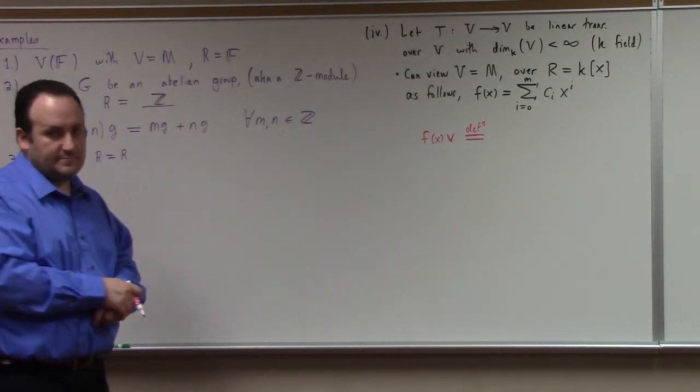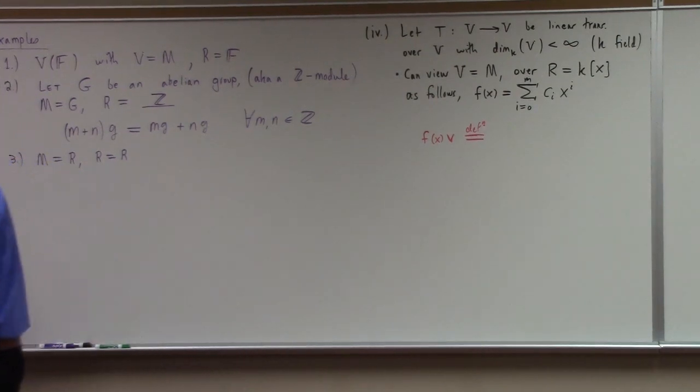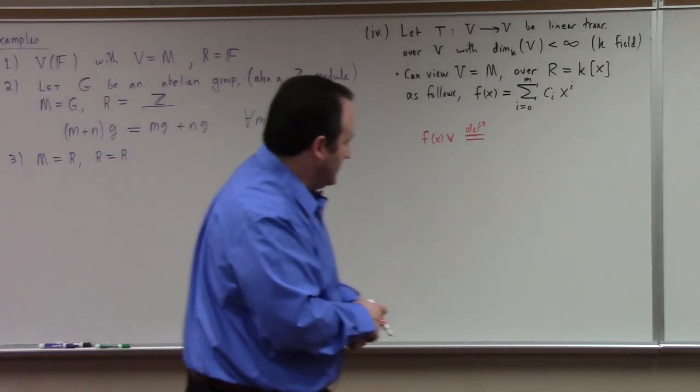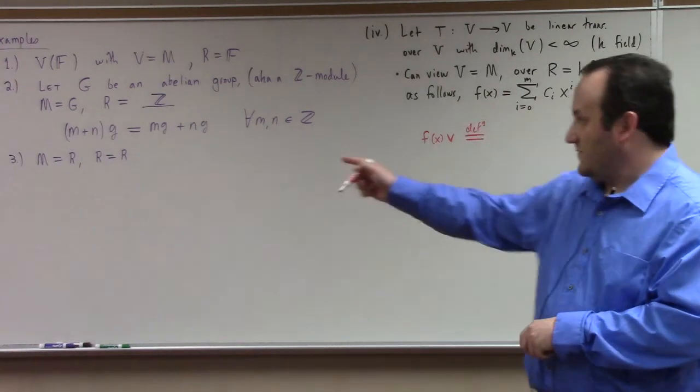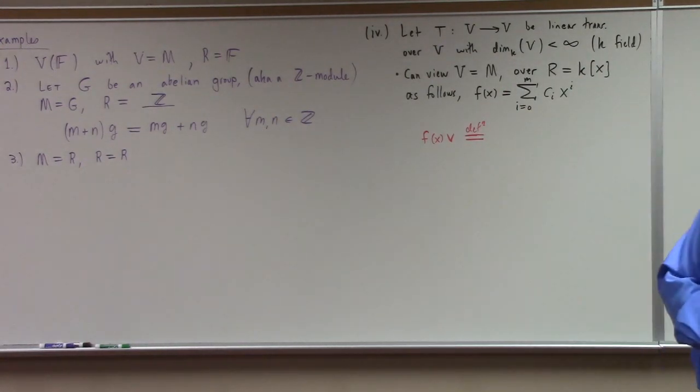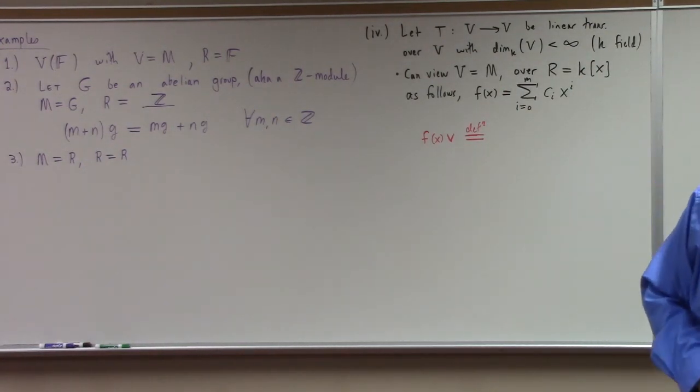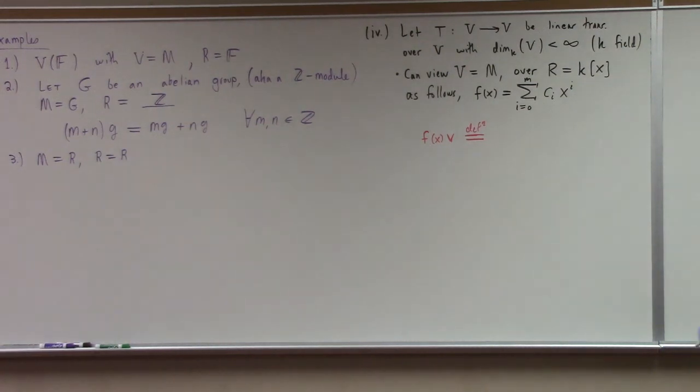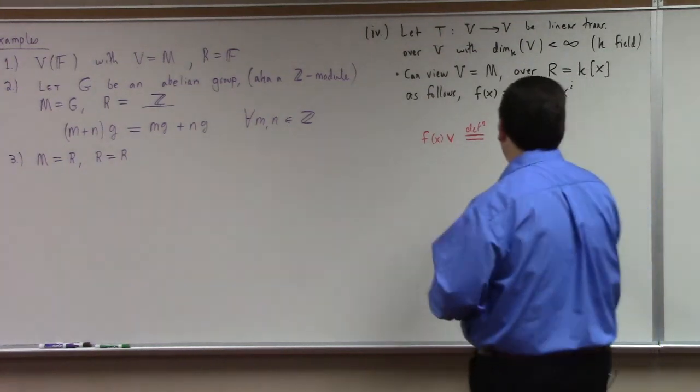So what do you guys think? How would you define the action of a polynomial on the vector space in this context? We need to have these axioms to have a module. I'll get you started.